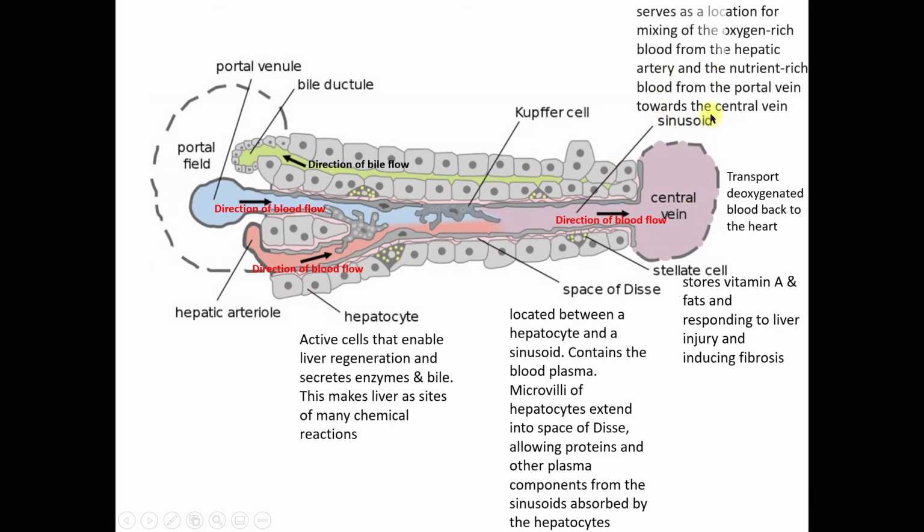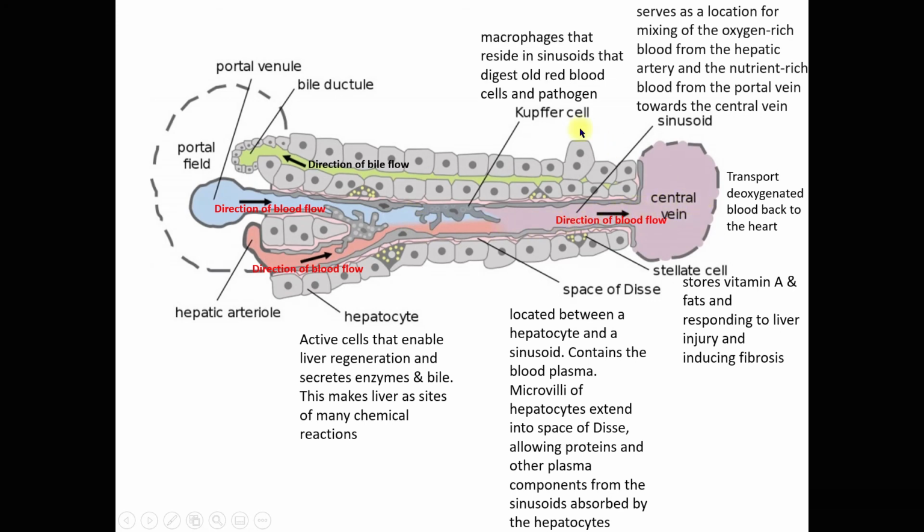Then we have the sinusoids, which serve as a location for mixing of the oxygen-rich blood from the hepatic artery and the nutrient-rich blood from the portal vein towards the central vein. So this is the direction of blood through the sinusoid.